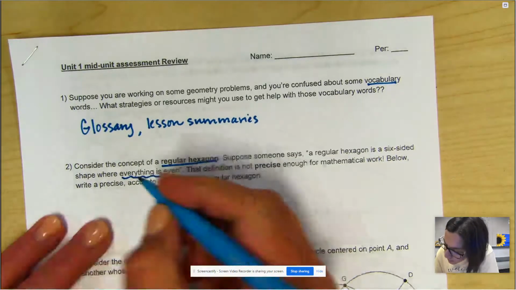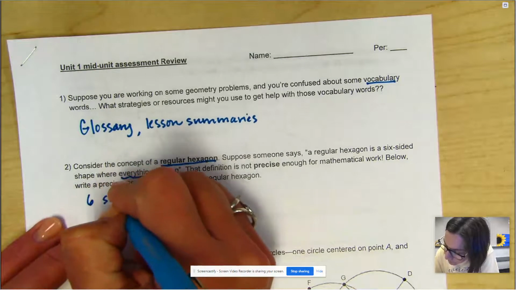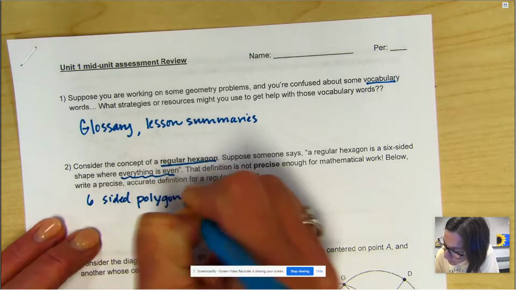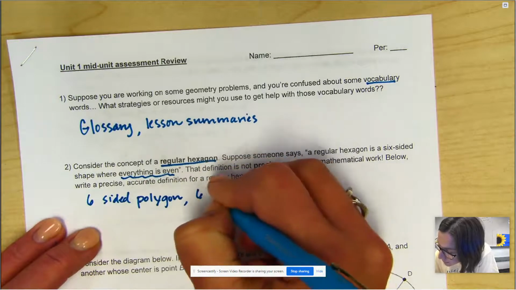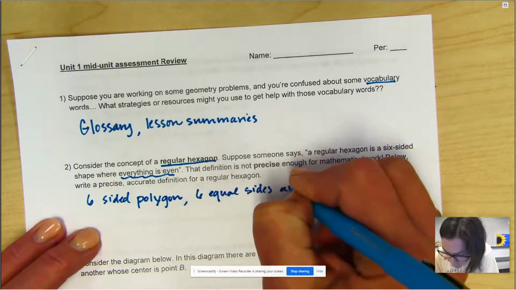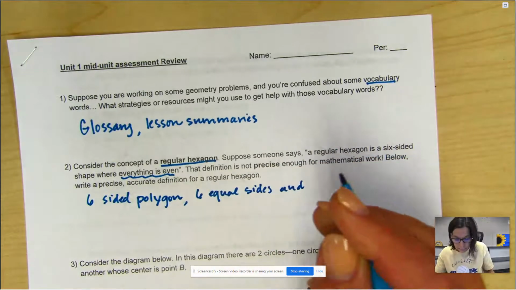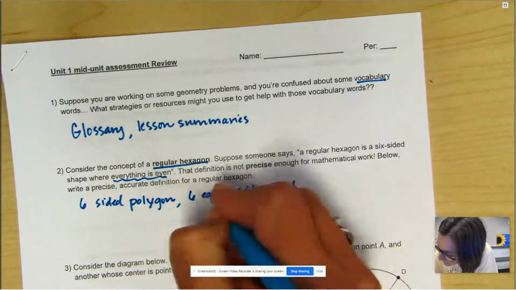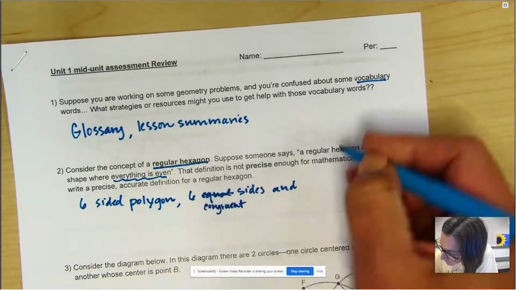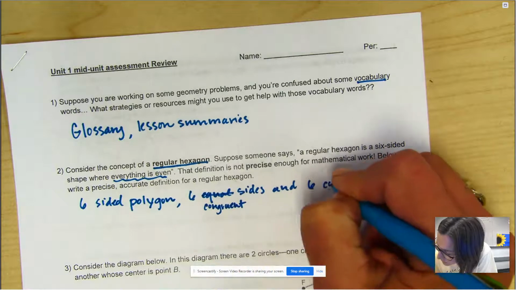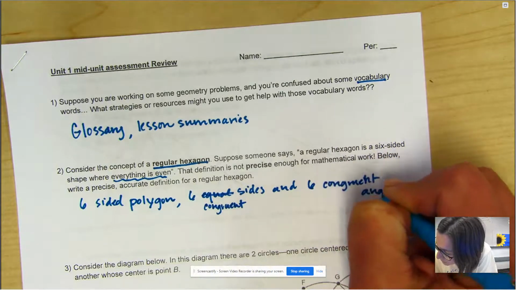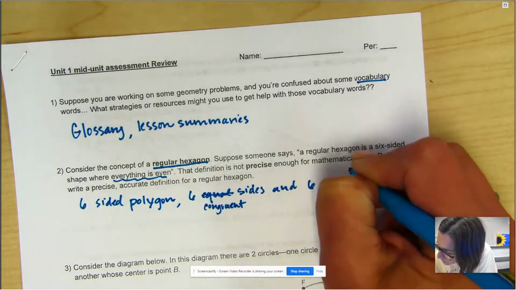A six-sided polygon with six congruent sides and six congruent angles. This is the symbol for congruent.